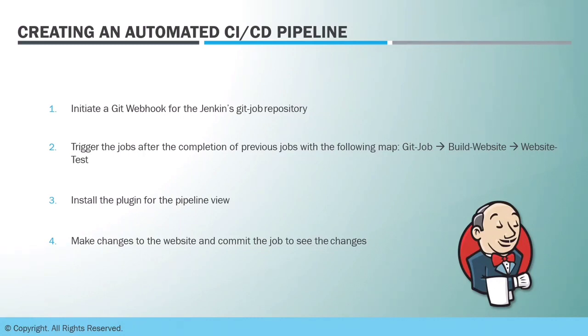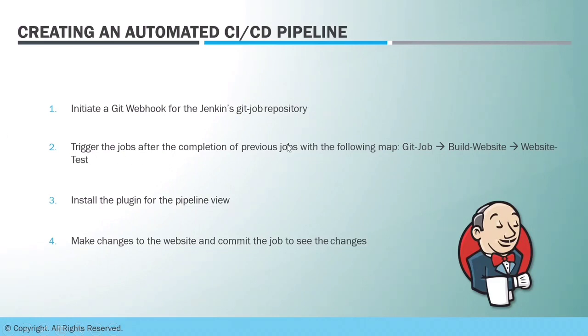In the Git webhook we provide the URL of the Jenkins master, and whenever any action that we have defined, maybe push, pull, or any action that our developers are doing on their branches on the GitHub repo, that will trigger a specified job on the Jenkins side. So this is what a Git webhook actually performs.